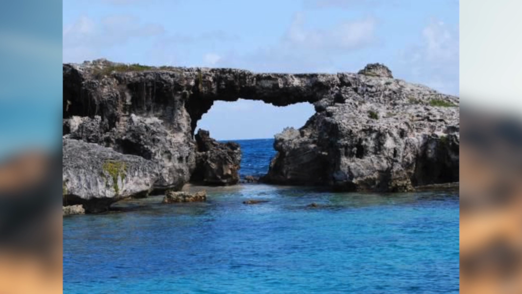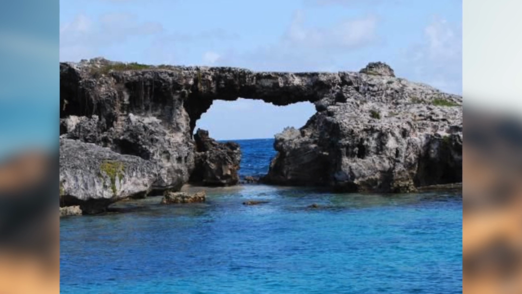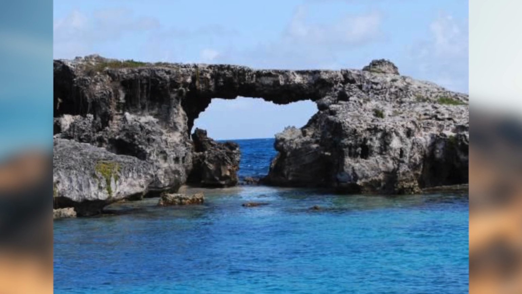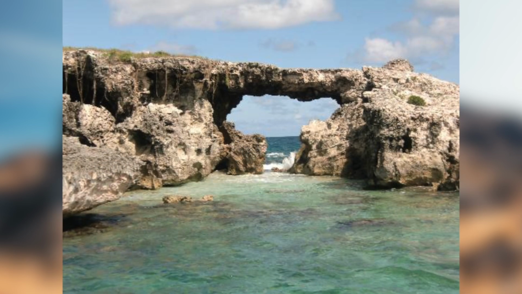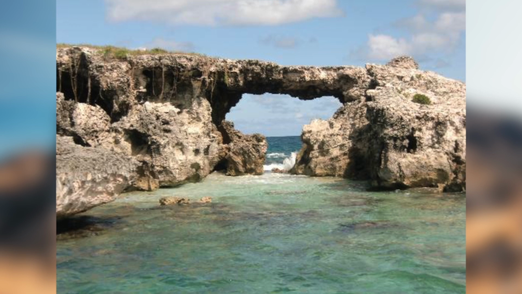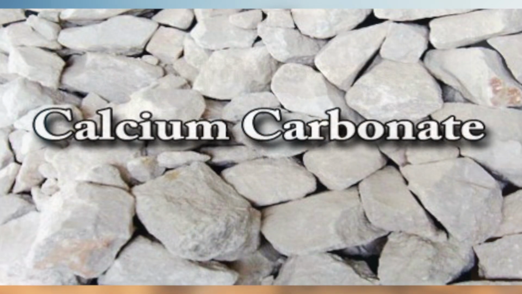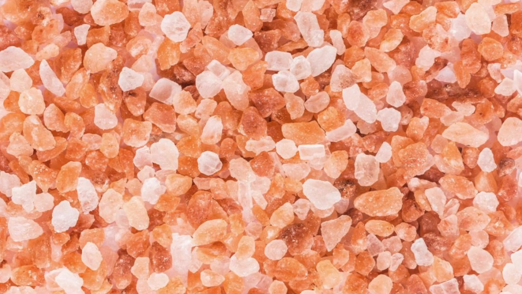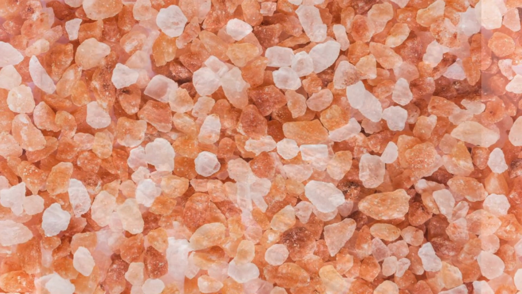Solution as a process of chemical weathering has some significance in the case of calcareous rocks. Of the minerals most vulnerable to solution activity, calcium, magnesium, potassium and sodium are the most important.